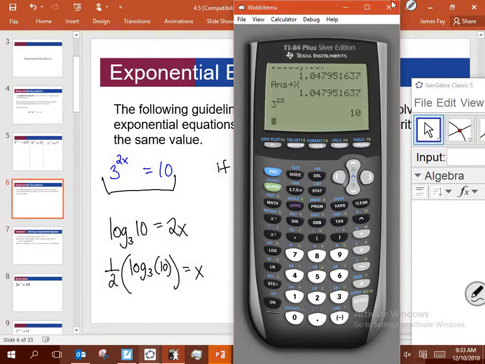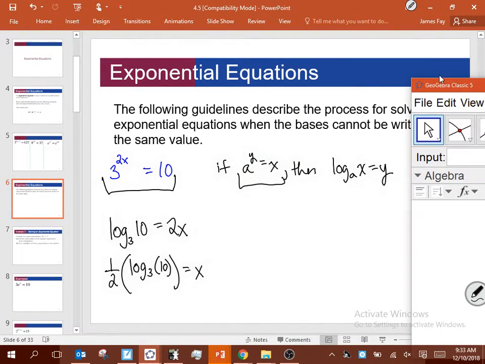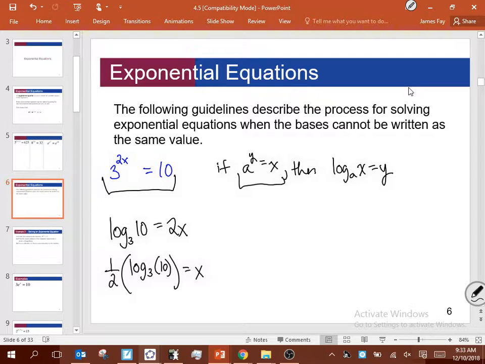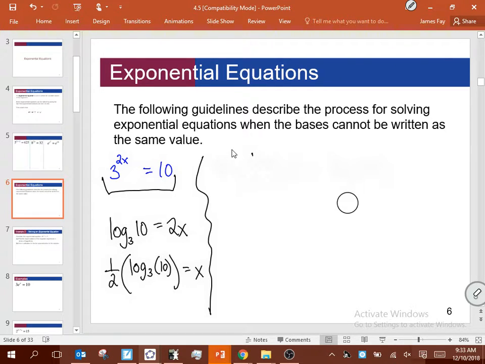Now, let's do it using those guidelines that I showed you. I think this is actually the way I'm going to predominantly use to solve exponential equations. It said isolate your exponential. Well, in this one, that's already done. But what they're saying is if you had something like plus 2 is equal to 12, to isolate the exponential, we're going to subtract 2 from both sides.